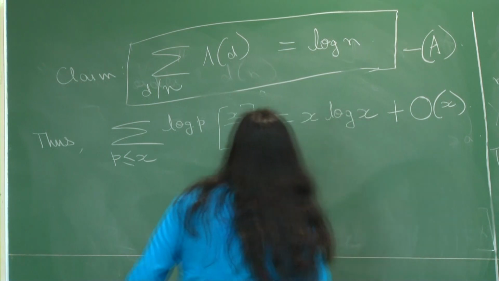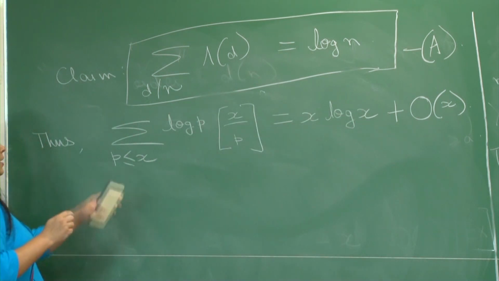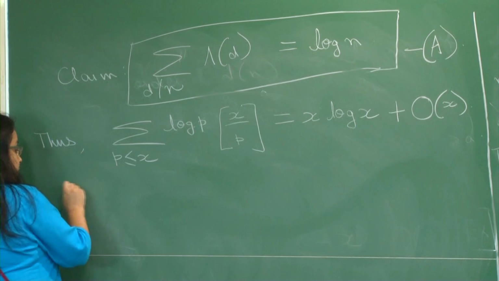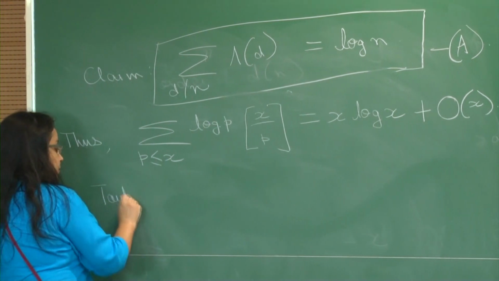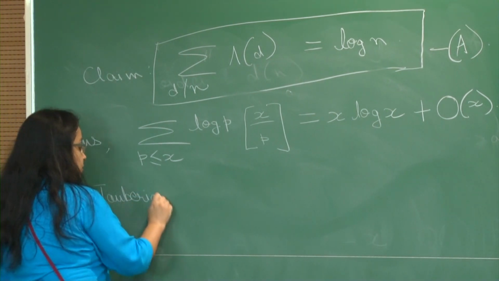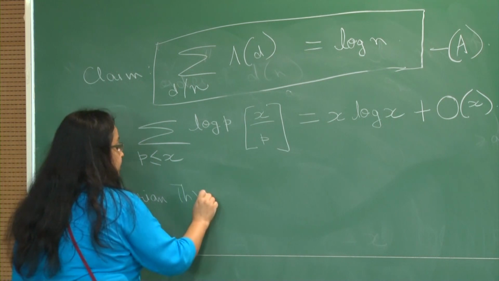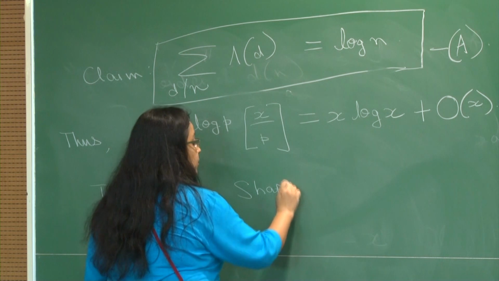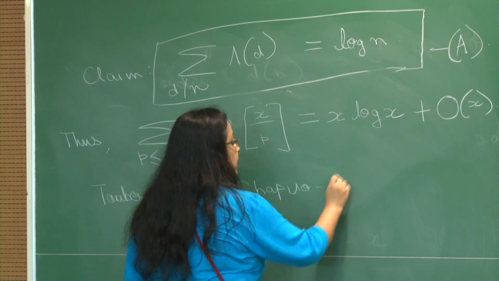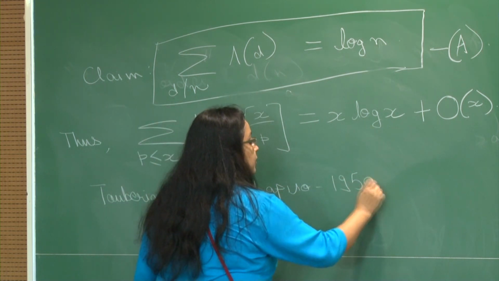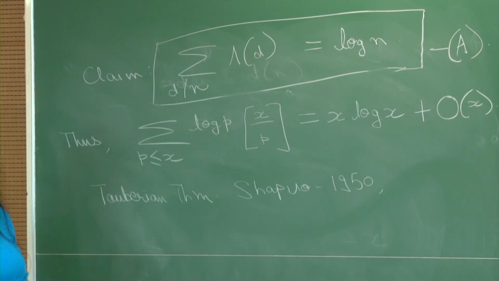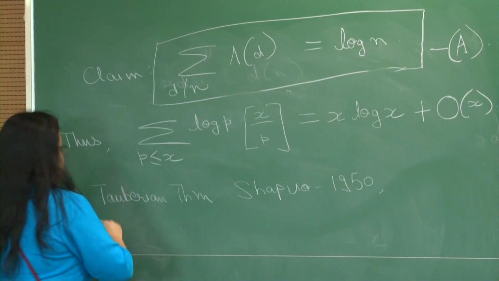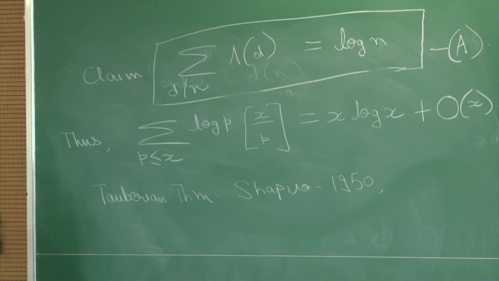At this point, I am going to recall a theorem, a Tauberian theorem. It is called a Tauberian theorem, but it is due to Shapiro, proved it in 1950. These are all very classical estimates. So, the Tauberian theorem states the following.